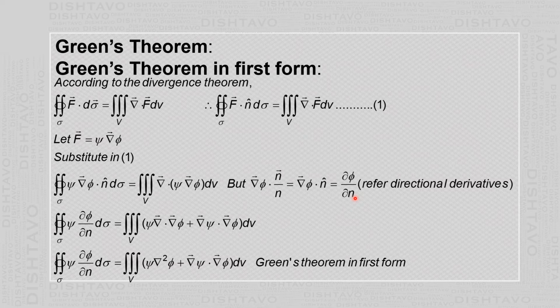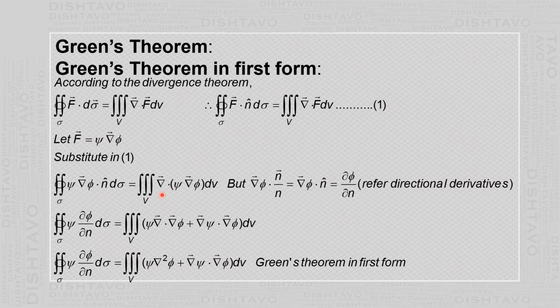That is what it means. Then we substitute on the left hand side, and what we get is the surface integral of psi dou phi by dou n d sigma. On the right hand side, in that first equation, del dot psi grad phi dv.